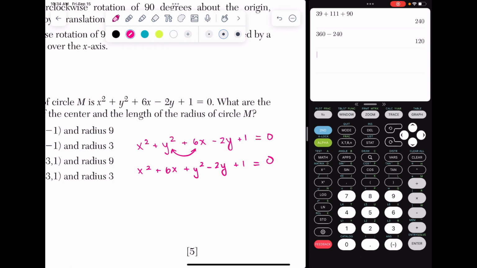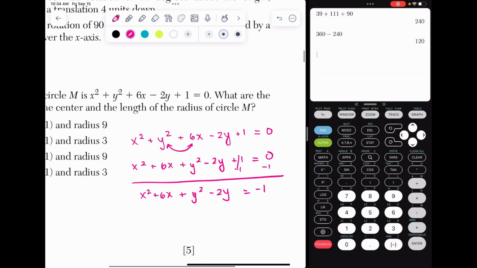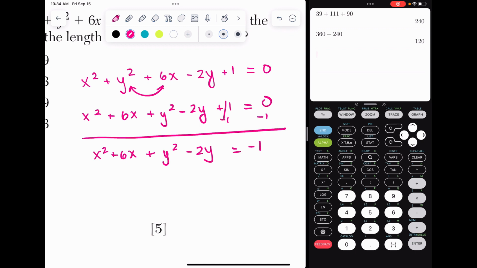I'm not moving it to the other side of the equal sign, so I'm not changing the sign. I'm just reordering them. However, I am going to move this 1 over to the other side, because this is how I like to start these questions. I like to have everything with a variable on the left side of the equal sign, everything without a variable on the right-hand side.